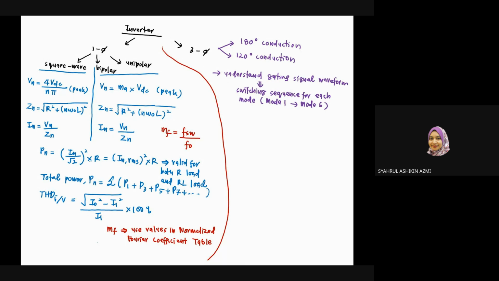Okay, once you identify the switching sequence, then you'll be able to do the analysis to find the phase voltage and your line-to-line voltage using equivalent circuits.